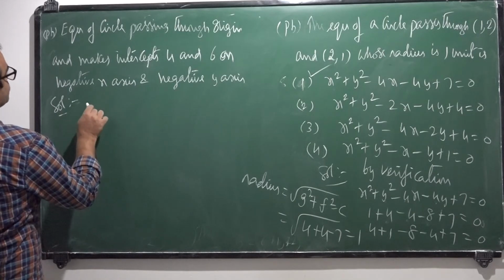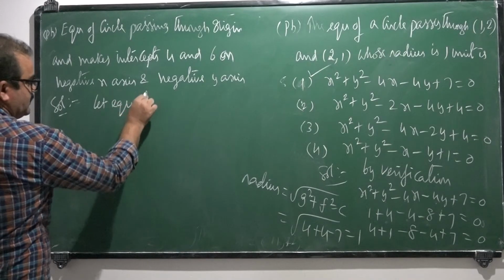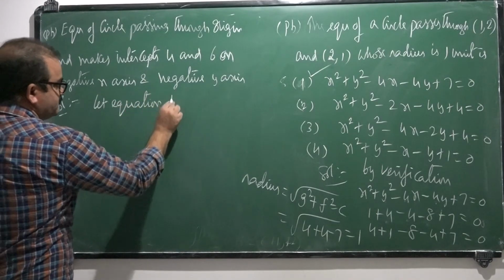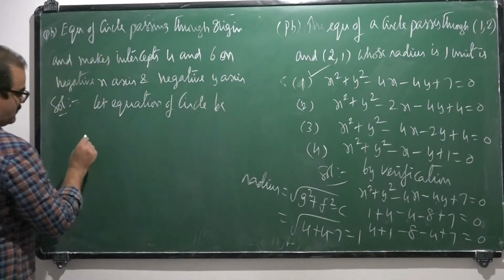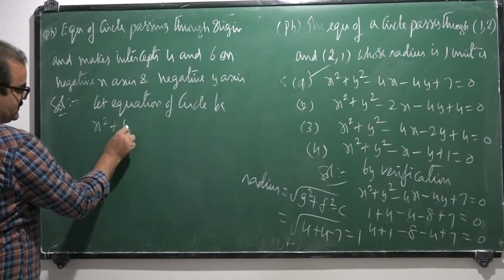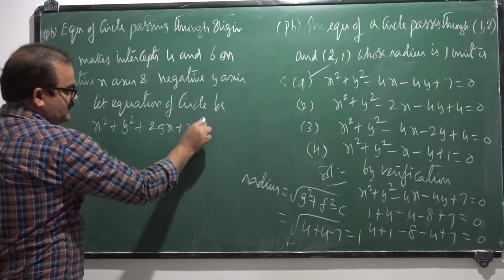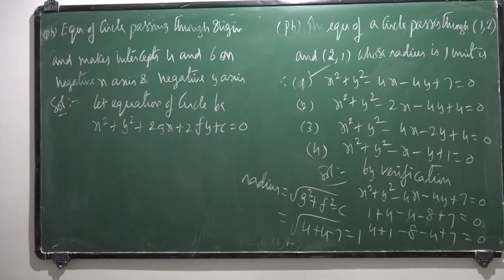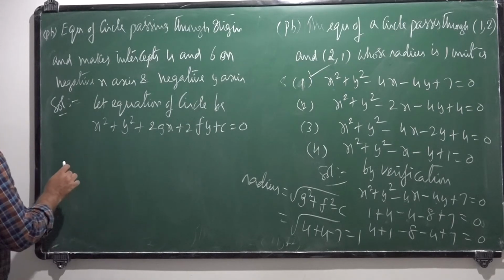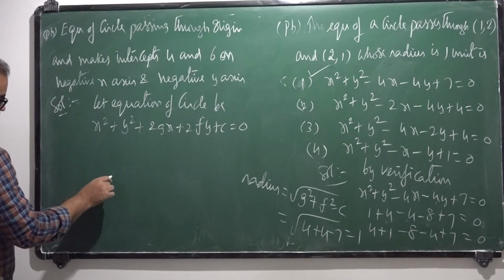See here, let the equation of the circle be x square plus y square plus 2gx plus 2fy plus c is equal to 0. See here, this circle passes through origin.